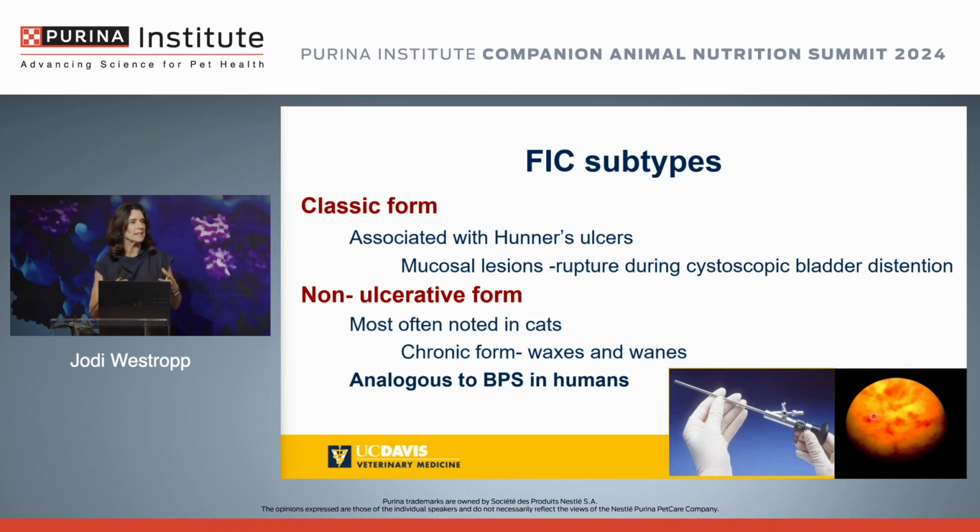You introduce that into the bladder, distend usually to 80 centimeters of water pressure, and then you might see the bladder ooze and weep more with deeper ulcerations. This is not very common in cats or humans. Much more commonly, we see the non-ulcerative form. It's much more chronic, waxes and wanes, and this is the one that's most analogous to BPS in humans, which is what I'll focus on today.